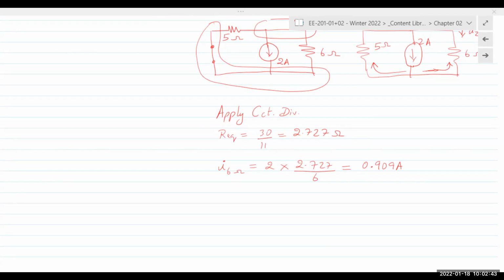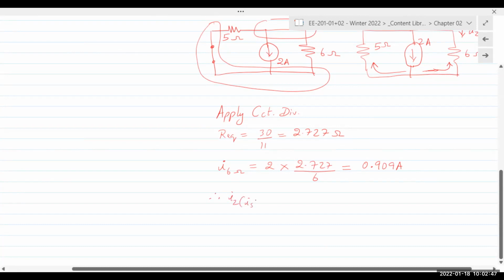And so I2 due to Is is equal to minus the resistor current. And my total I2 is the sum of both the currents. Zero.